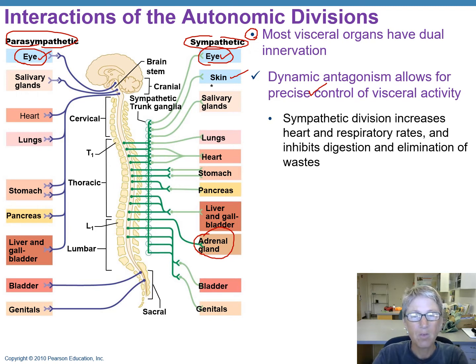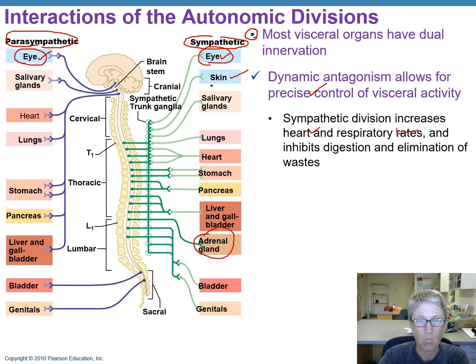The sympathetic division, remember, that's fight or flight. So the way you can think about what's going to happen if the sympathetic division is activated, think about everything that you need to increase or do if you're in a fight situation. For example, you want to increase your heart rate and your breathing rate.